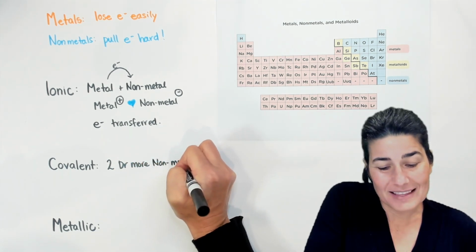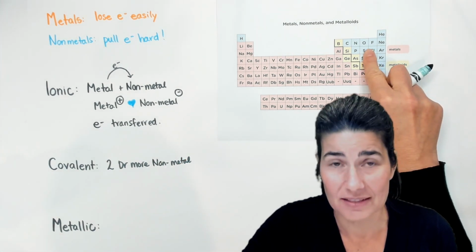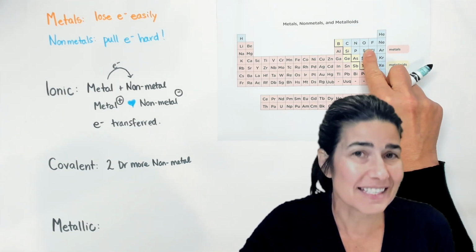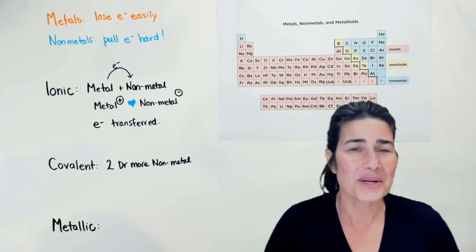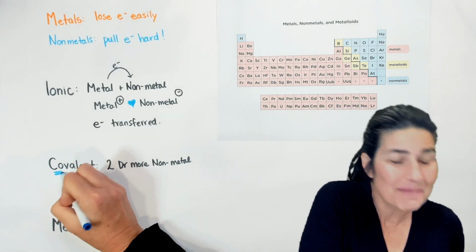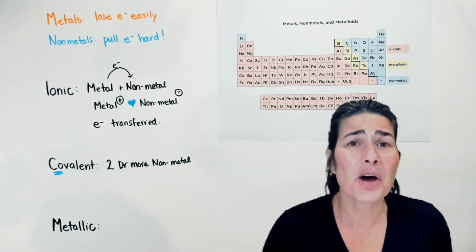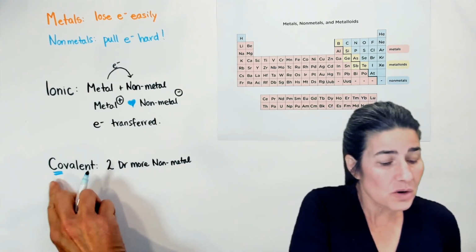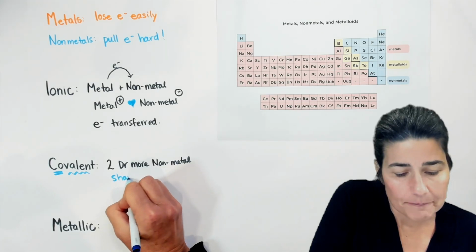What happens in this case is both of the nonmetals really want the electrons, so they're not able to steal electrons from one another. Instead, they need to share those valence electrons. Well, that's what the word covalent means anyway. Co means share: cohabitate, share a habitation; co-ed, share an education. So we are going to share the valence electrons.